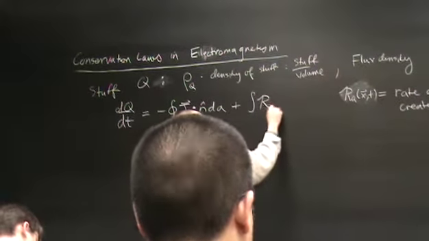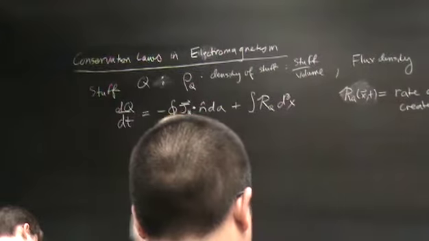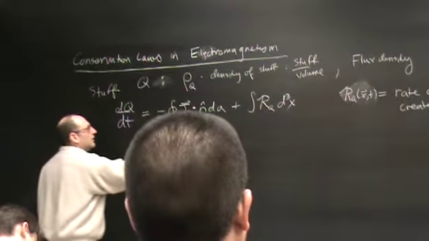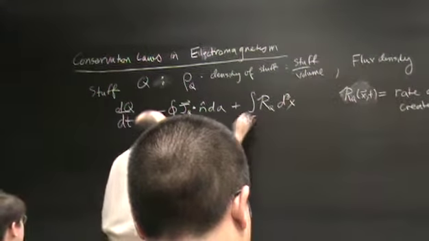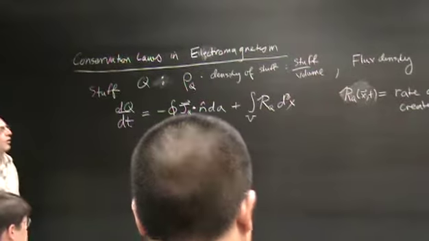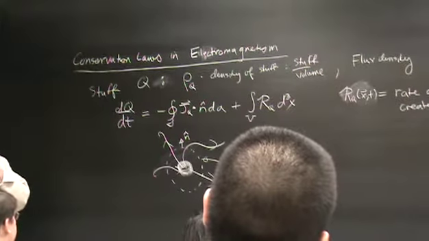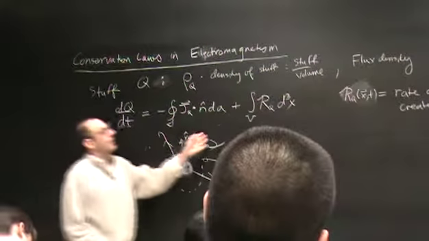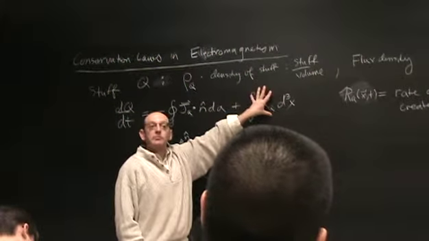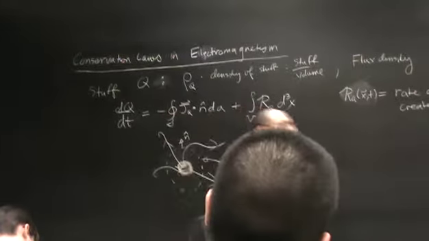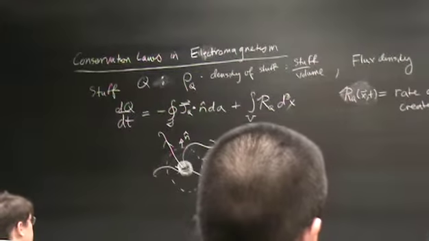So there's some volume integral. This is the surface that bounds the volume. And this is the general form of a conservation law. Okay? Now, for the case of charge, this was 0, because there was no rate of creation of charge.